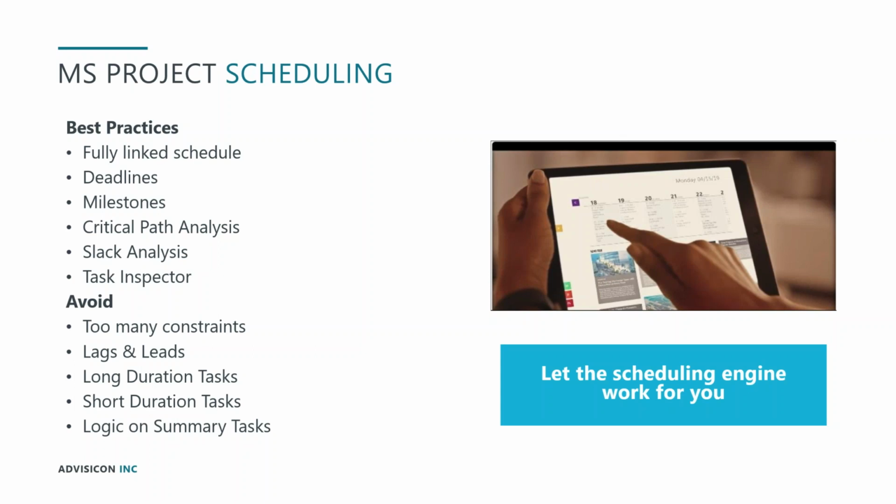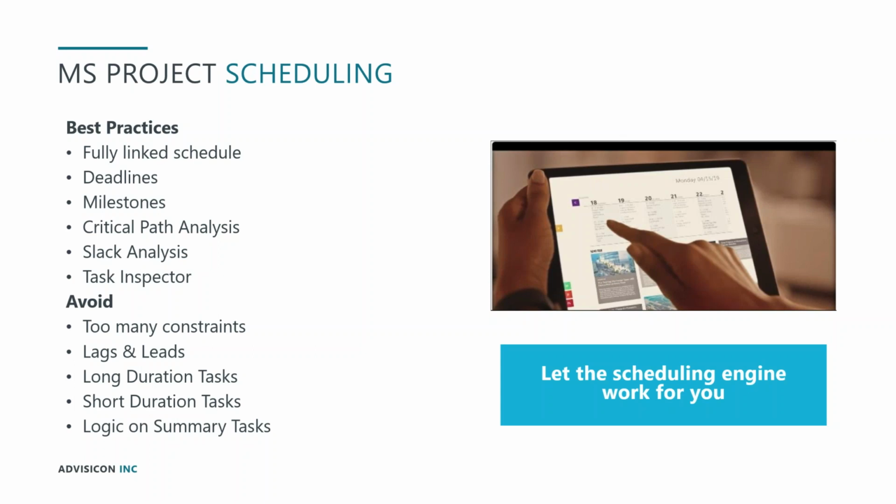Slack is the ability for one or more tasks to actually slip without impacting your project finish date. We're going to look at using the task inspector to understand issues with the schedule that we've developed. That's a tool within Project Desktop that helps us understand all of the calculations that are going on in the background.